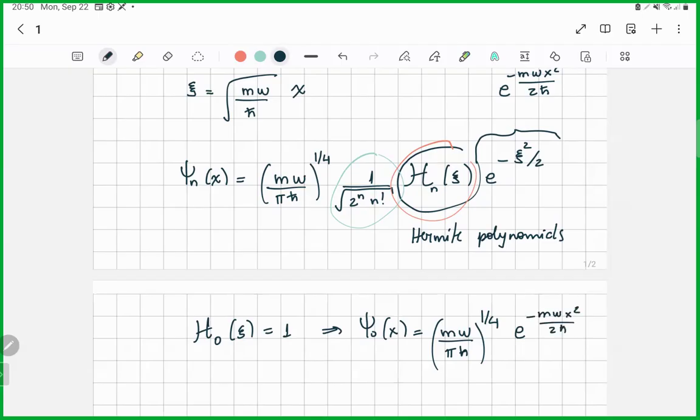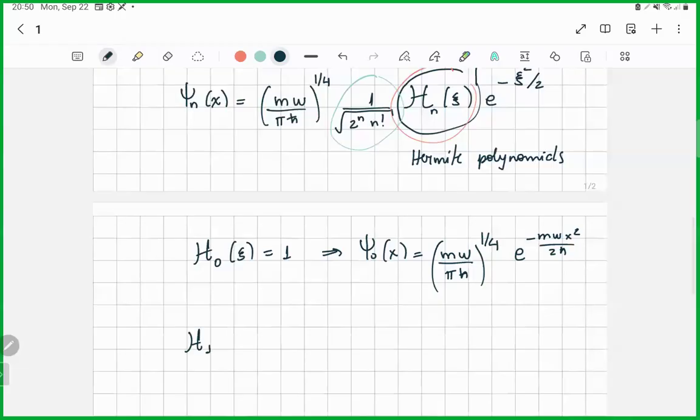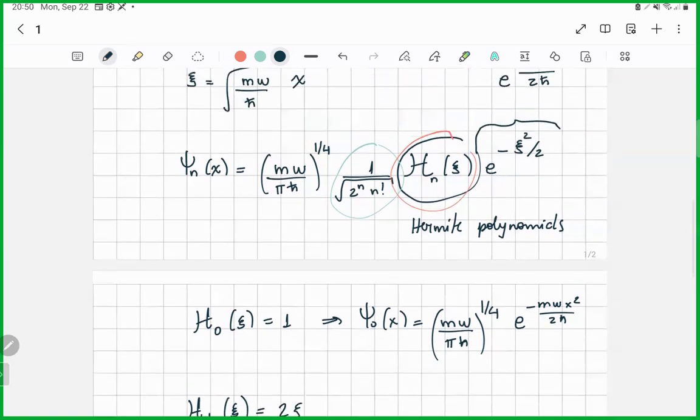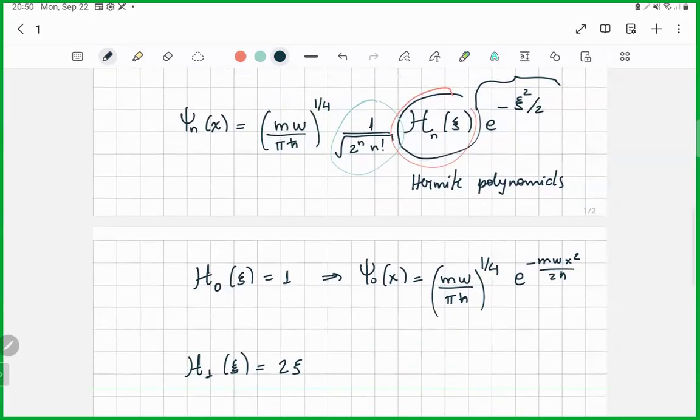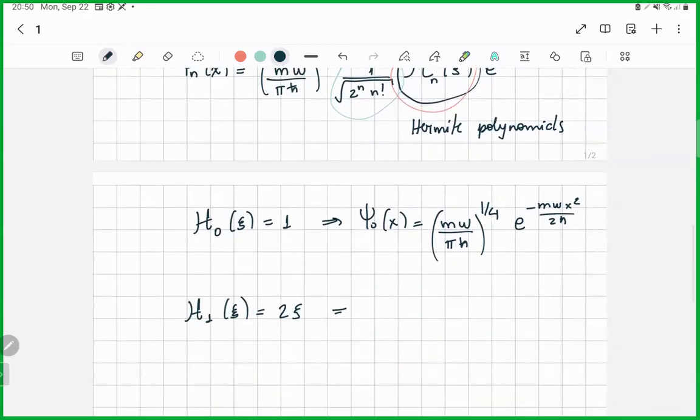the exponential. Well, if you go for the first excited state, what we get here is 2c. So it's 2, and that is square root of m omega over h bar, and x. So the equation for psi 1 has some constants, but the important thing is we have x here and the exponential minus m omega x squared over 2h bar.